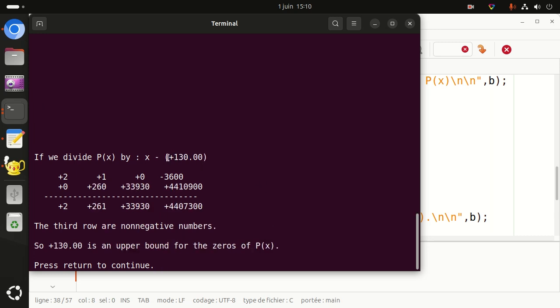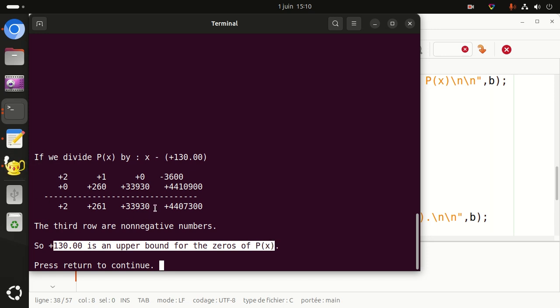In the second part, I have chosen for b 130. The third row are non-negative numbers. All the coefficients in the third row are positive. So 130 is the upper bound for the root of p of x.